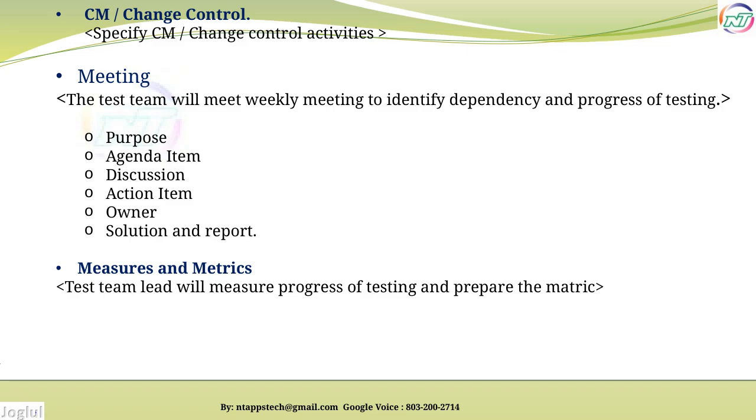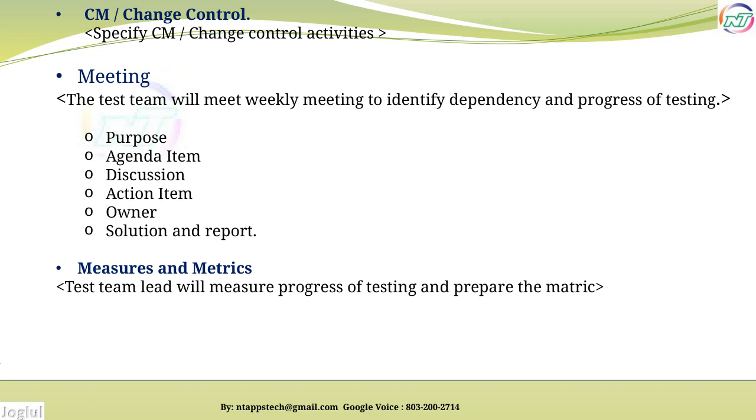To track progress effectively, the test team lead will measure key metrics related to testing activities, such as test coverage, defect rates, and completion percentages, and prepare reports that reflect these insights. This structured approach to change control helps maintain clear communication, ensures that changes are managed efficiently, and supports continuous improvement throughout the test lifecycle.